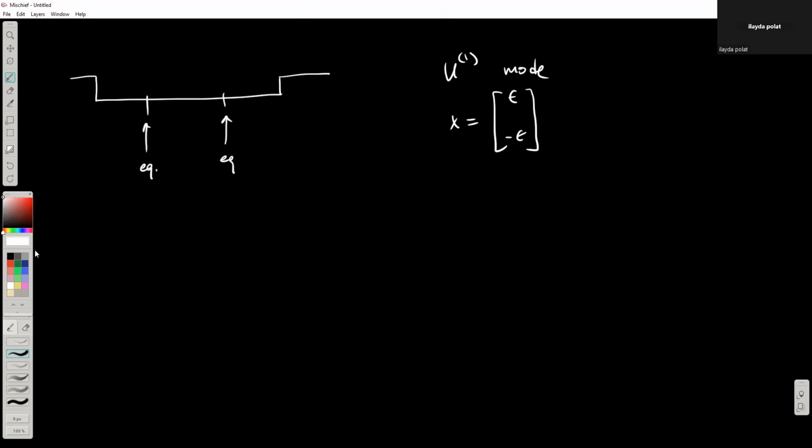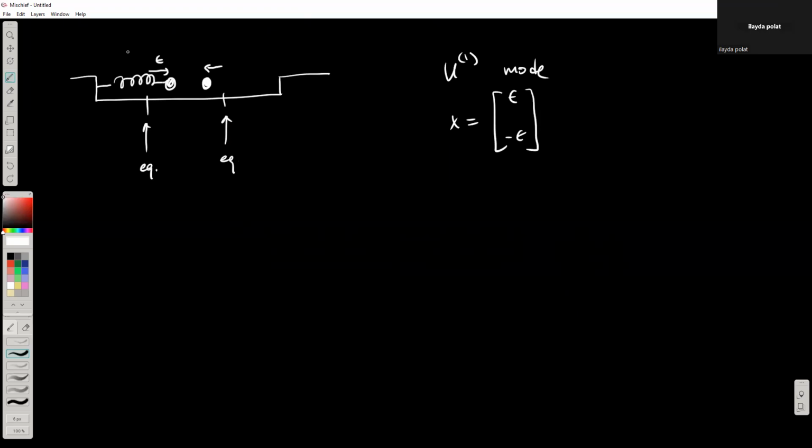In that displacement pattern, my first particle has a displacement like that, and the second particle has a displacement in the opposite direction. It's basically minus epsilon, right? So it's also displaced by epsilon, but in the opposite direction. That's the U1 mode, right?